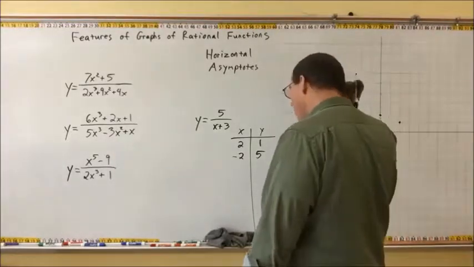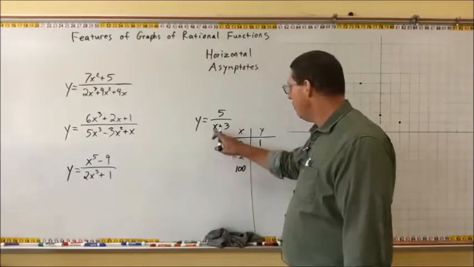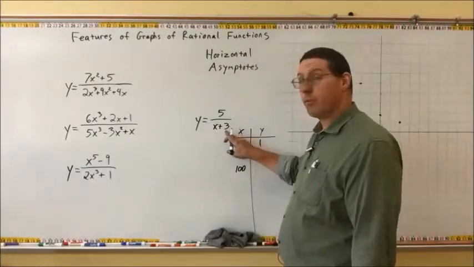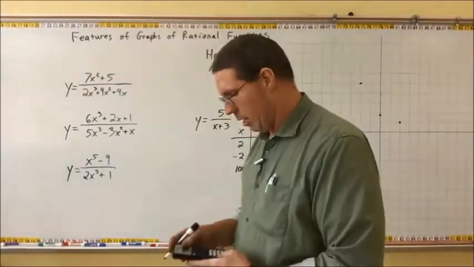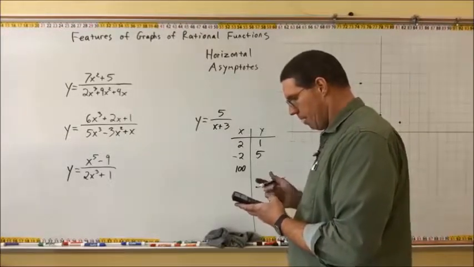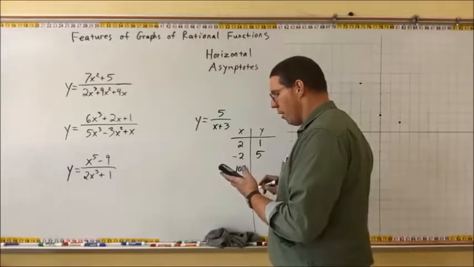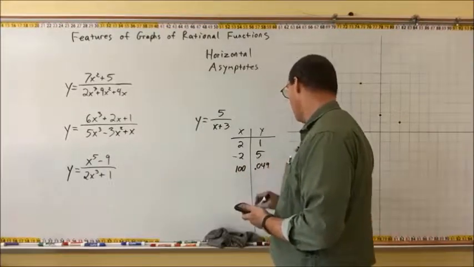But what if we put in 100? 100 plus 3 is 103, and 5 divided by 103 is 0.049.